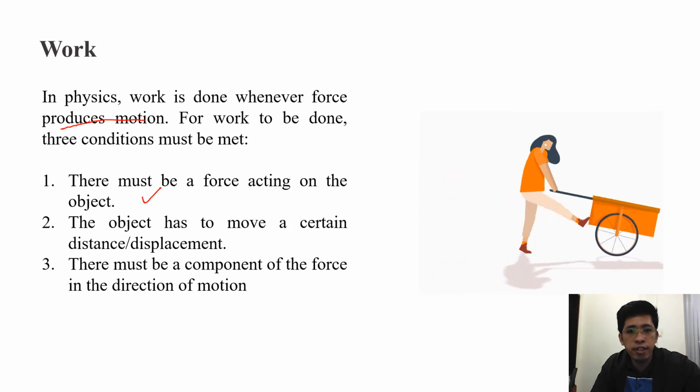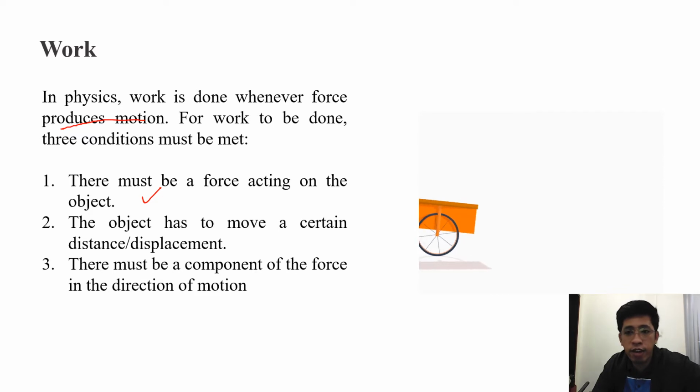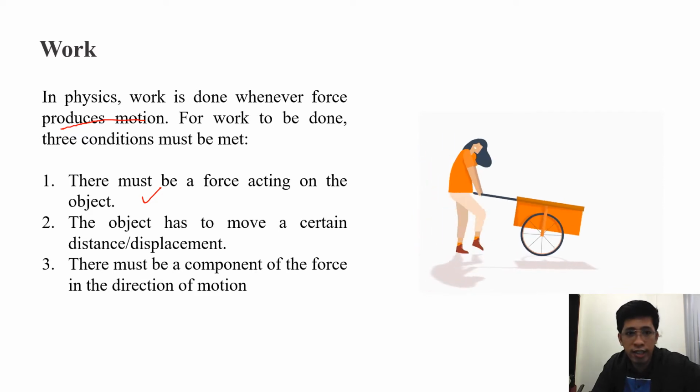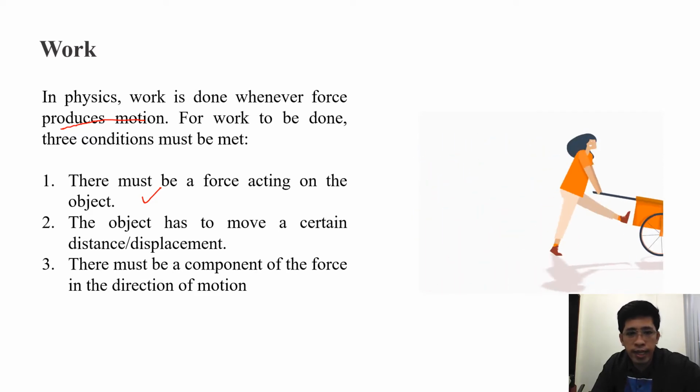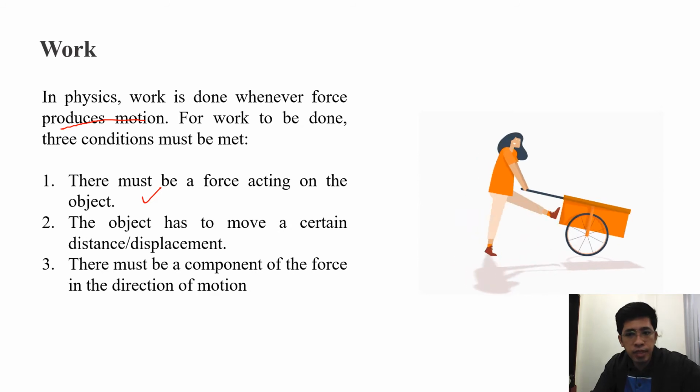And third, there must be a component of the force in the direction of the motion. Again, there must be a component of force in the direction of the motion. And we're going to explain condition 3 later.